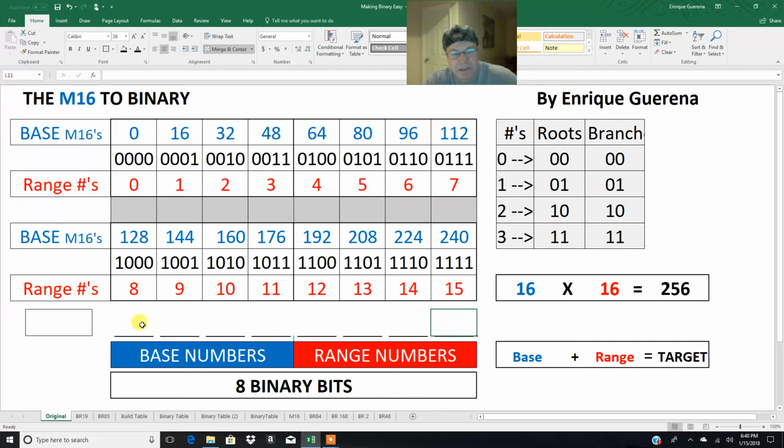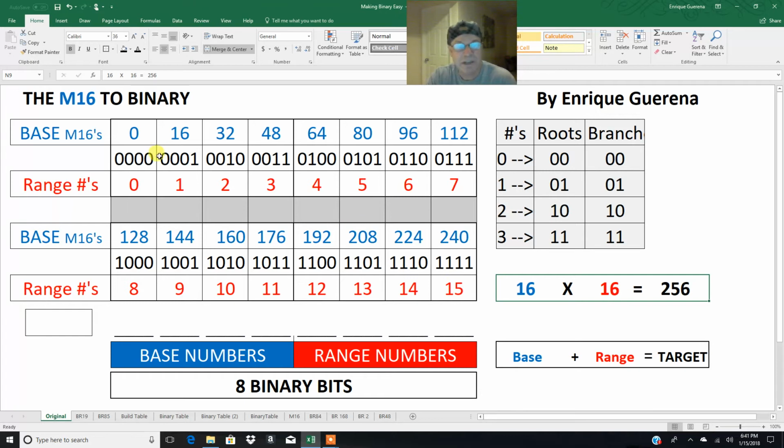In 8 bits, the total number of possible combinations of zeros and ones is 256. So 16 times 16 is 256. If you do 16 bases, or multiples of 16, with 16 range numbers from 0 to 15, so 16 times 16, this will allow you to get all 256 combinations, which range from 0 to 255.